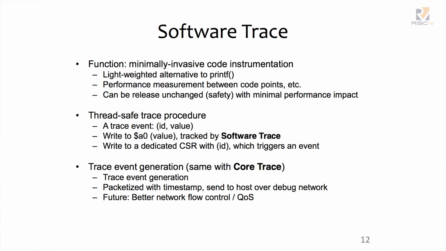With this, you can send a value to the console using only a couple of instructions rather than hundreds of instructions. So it's a very lightweight way to replace the printf function. And this has minimal performance impact, as every time you print out something, it's only a couple of instructions.